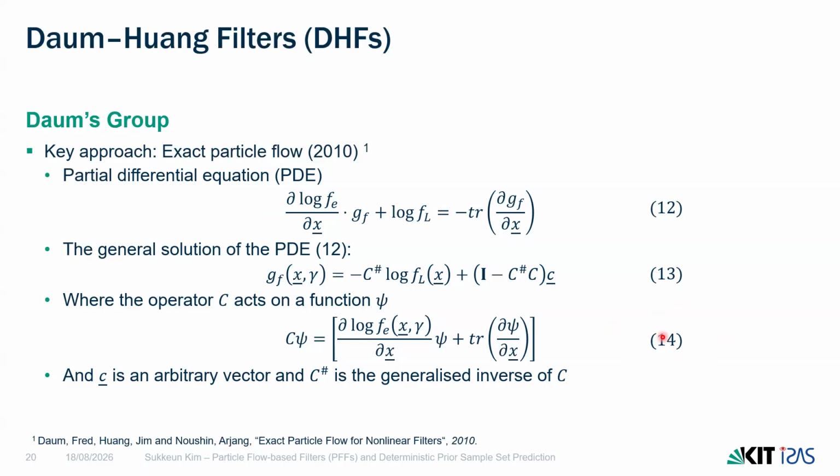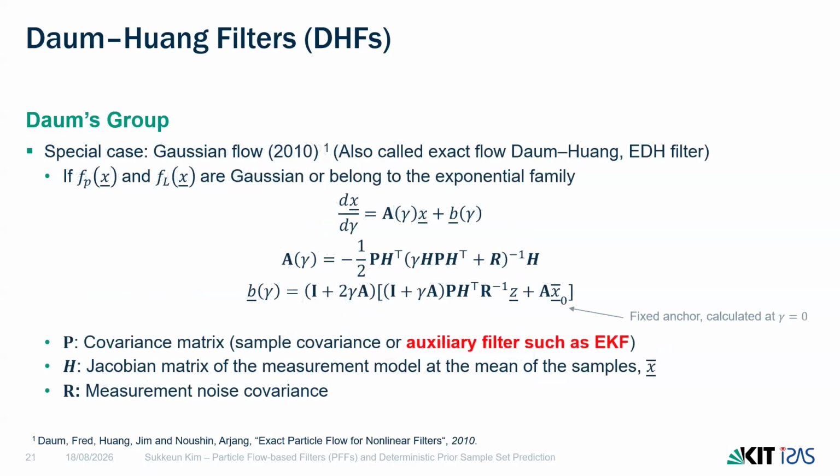Daum and Huang proposed multiple ways, but one of the simplest and easiest is, as always, to assume the prior and the likelihood are Gaussian or exponential family. This is called Gaussian flow because they assume the Gaussianity of the prior and likelihood, and also called the exact Daum-Huang or EDH filter.